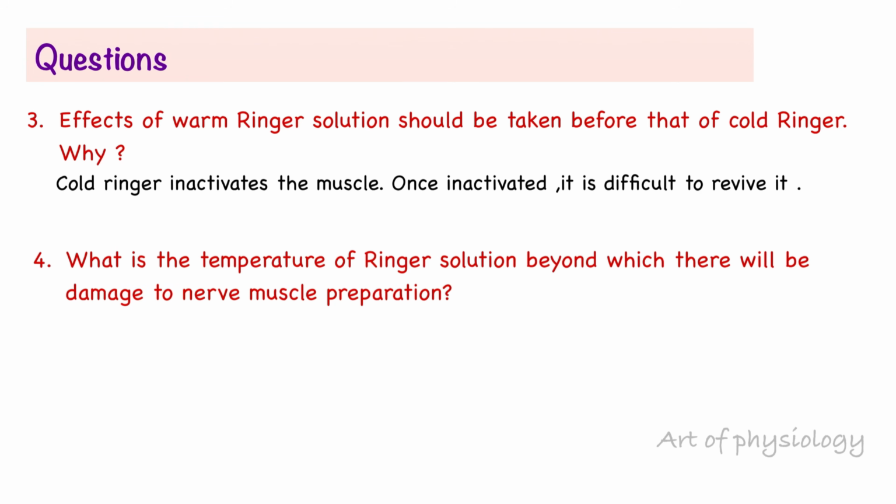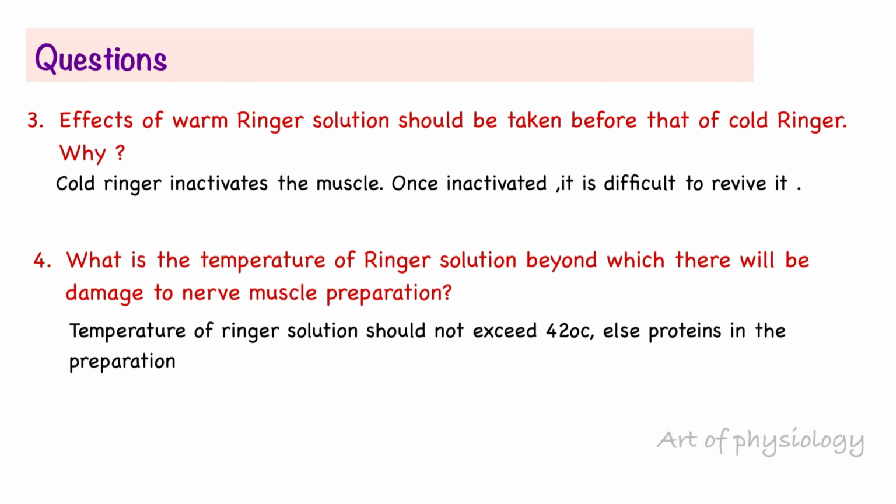What is the temperature of the Ringer solution beyond which there will be damage to the nerve muscle preparation? The temperature should not exceed around 42 degrees Celsius. What will happen if we increase the temperature? The proteins in the muscle will be denatured, so it should not exceed 42 degrees Celsius.